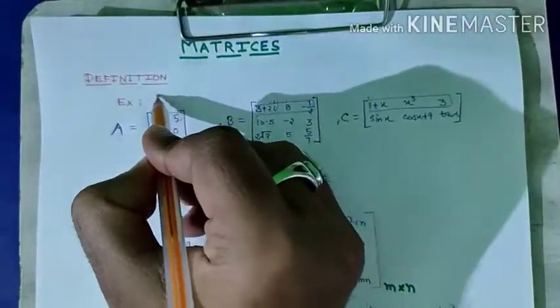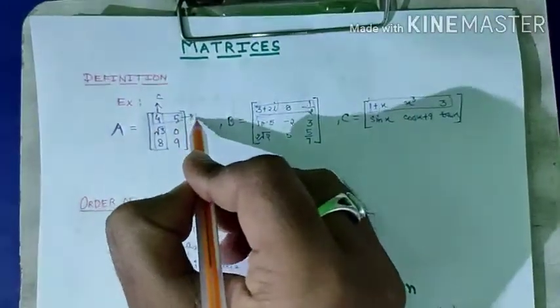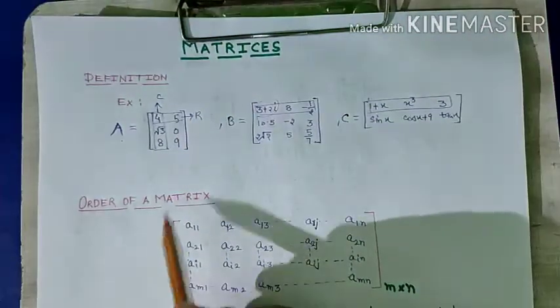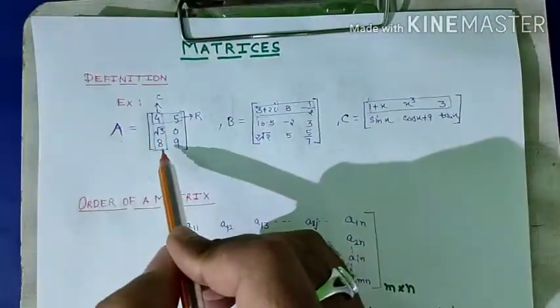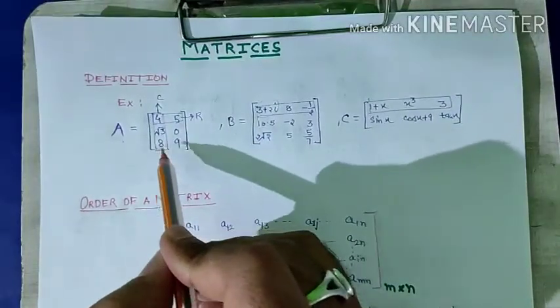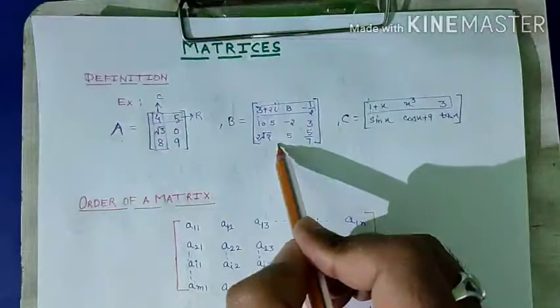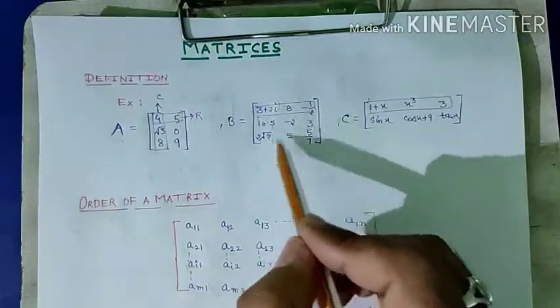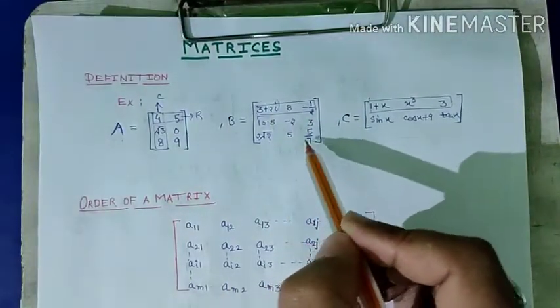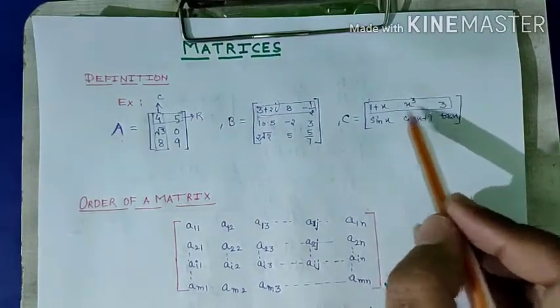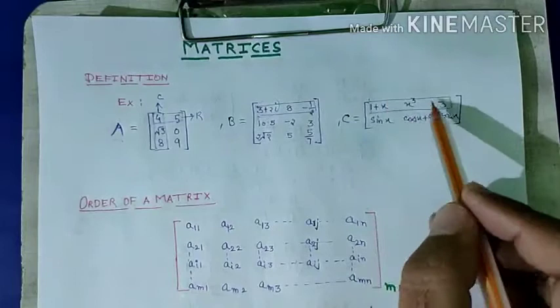This is called a column and this is called a row. In this way, you can see A has 3 rows and 2 columns. B has 3 rows and 3 columns. Similarly, C has 2 rows and 3 columns.